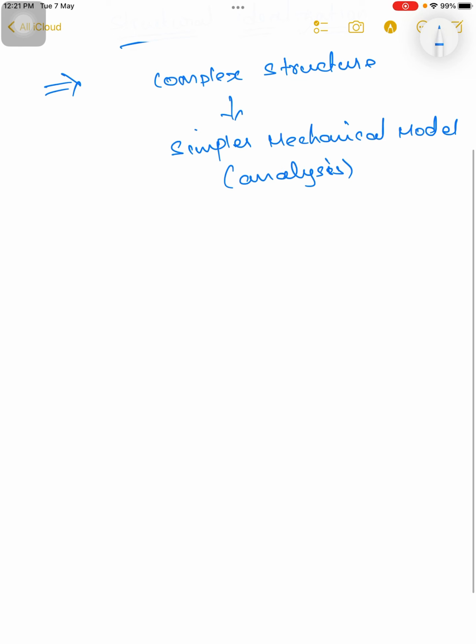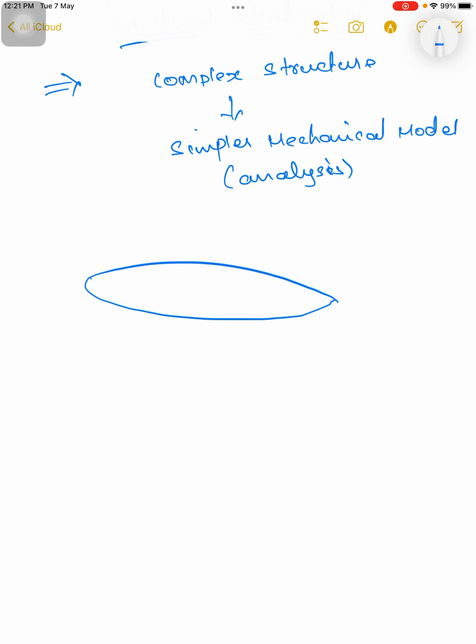So for example, when we have a wing cross section, wings have spars. Let's assume this is a front spar and this is a rear spar, and we have other stiffeners and a membrane, and the wing has stringers.